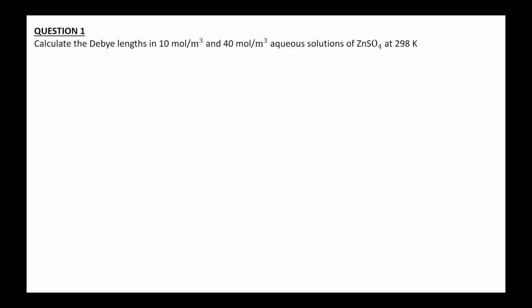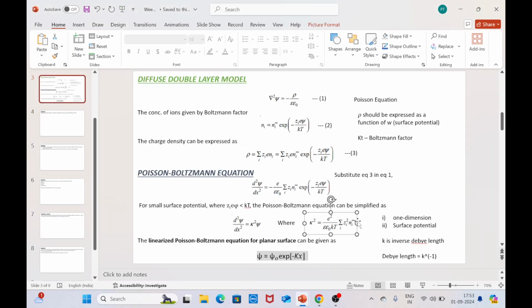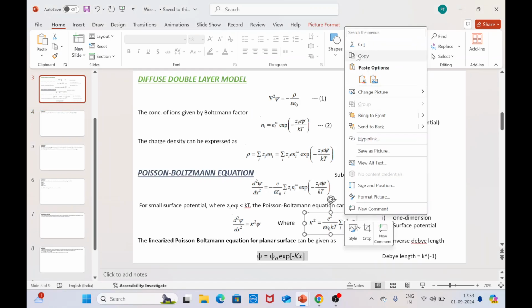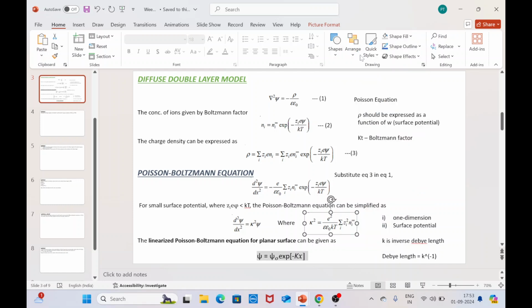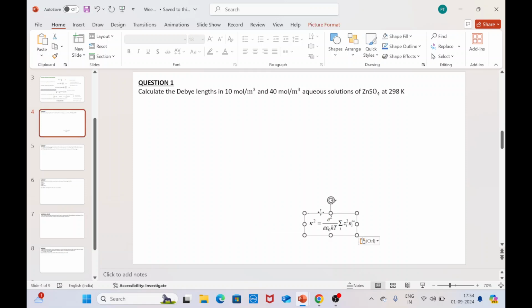So how do you solve this problem? We have the expression, so let me just give the expression beforehand. This is the expression, and from here you need to calculate the Debye length.